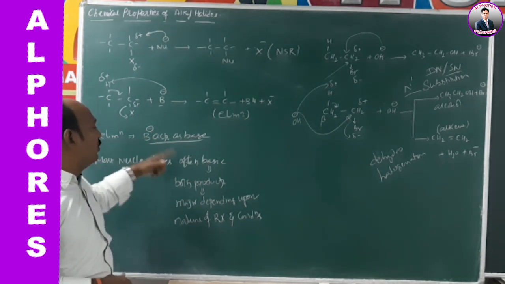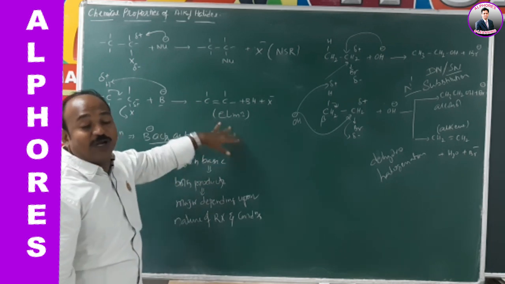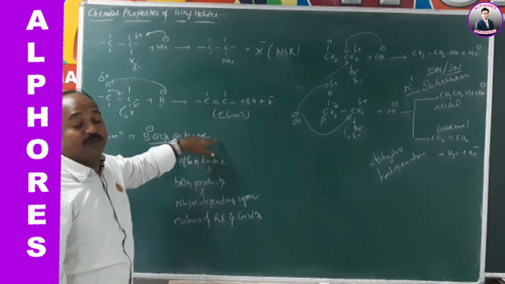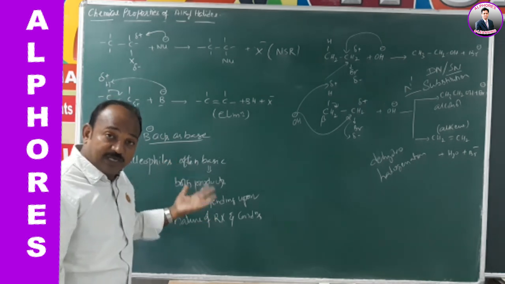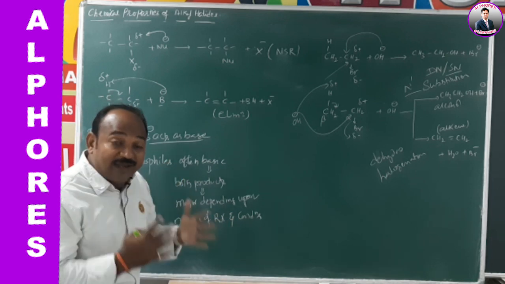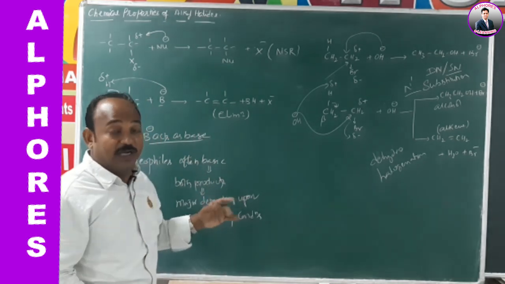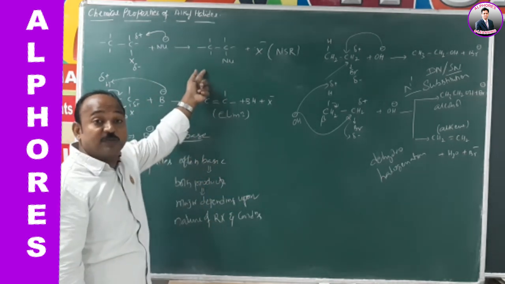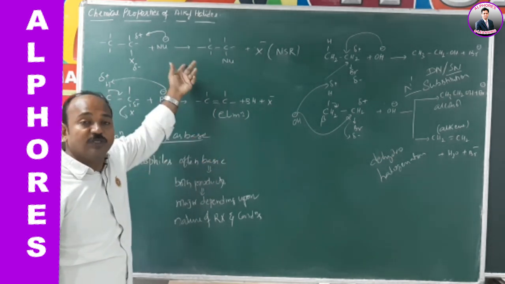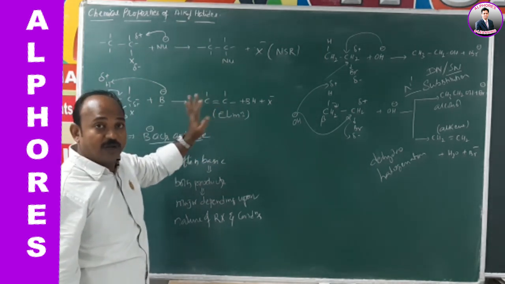Here almost all nucleophiles are often basic, and you get both products, a substitution product and an elimination product. That means wherever substitution takes place, elimination also takes place, so 100% elimination or 100% substitution is highly difficult. The converse is also true: wherever elimination takes place, substitution also takes place.